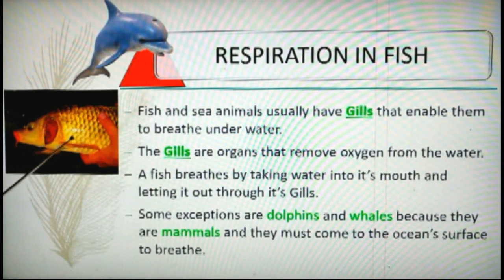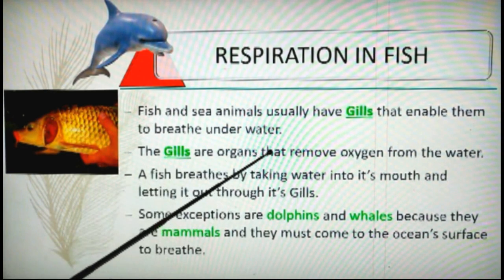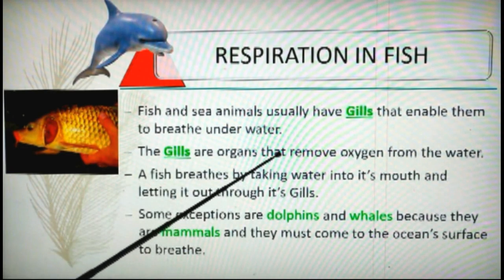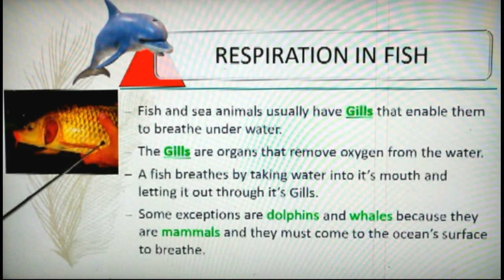Hope you have seen how the fish breathe. A fish breathes by taking water into its mouth and letting it out through its gills. We can observe the fish always opening and closing the mouth. It's for taking the water. A large amount of water is taken all the time. It passes through the gills. And gills, you know what? They remove the oxygen from the water, and this oxygen is carried to each and every cell in the fish body.